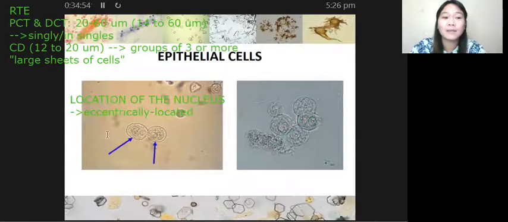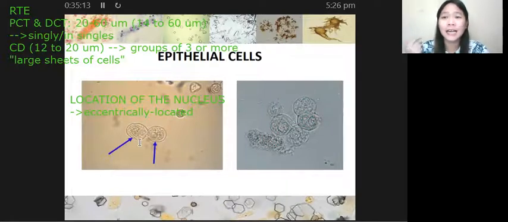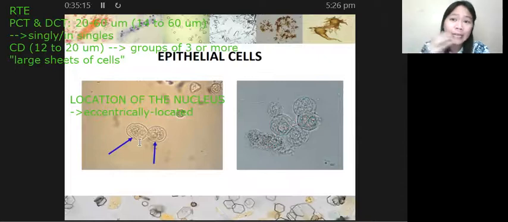So, ano ang ibig sabihin, ma'am, ng eccentrically located? Ibig pong sabihin, it is off-center. So medyo nasa gilid siya ng cell. Hindi siya nasa gitna ng cell. Nasa medyo gilid po siya.